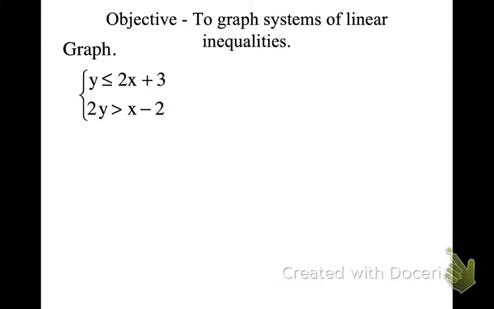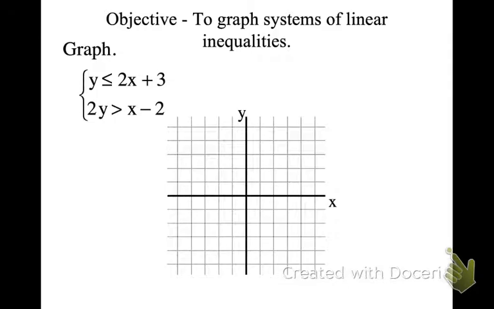Okay, so we're going to have 2 inequalities. So the first thing we're going to do is, I usually like to separate them. I think the easiest way to graph a line is by identifying their M and their B. So my M for the first inequality is 2, my B is 3.